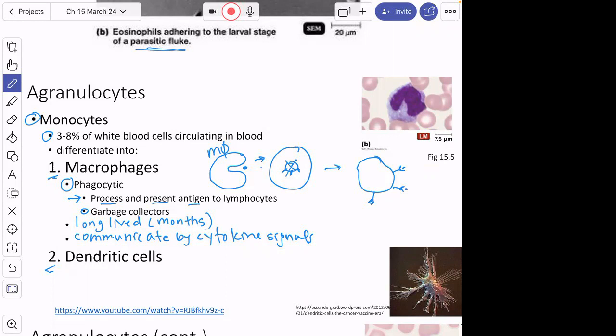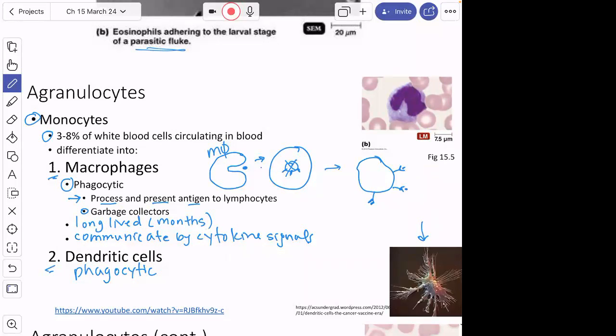Dendritic cells are also derived from monocytes. These are also phagocytic. Here's a picture of a dendritic cell over here. It makes you think about a neuron, a dendrite, and that word, I think, means tree in Latin. So it reminded somebody of long branches or roots of a tree.